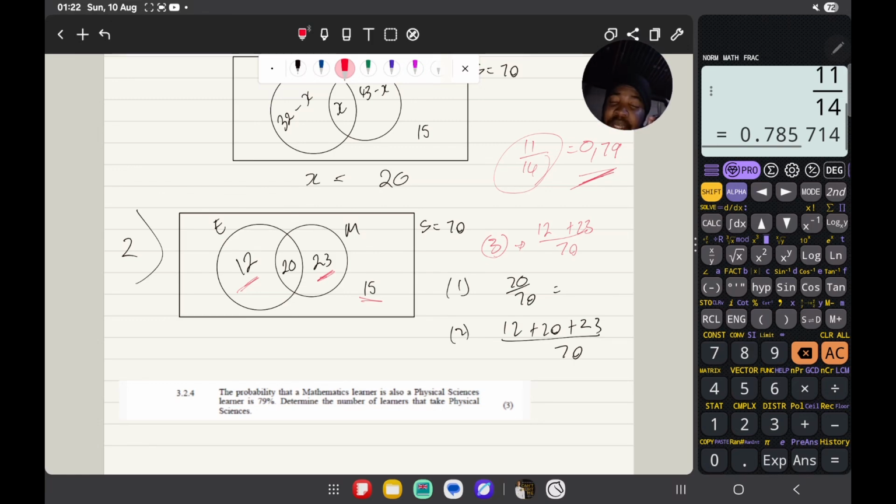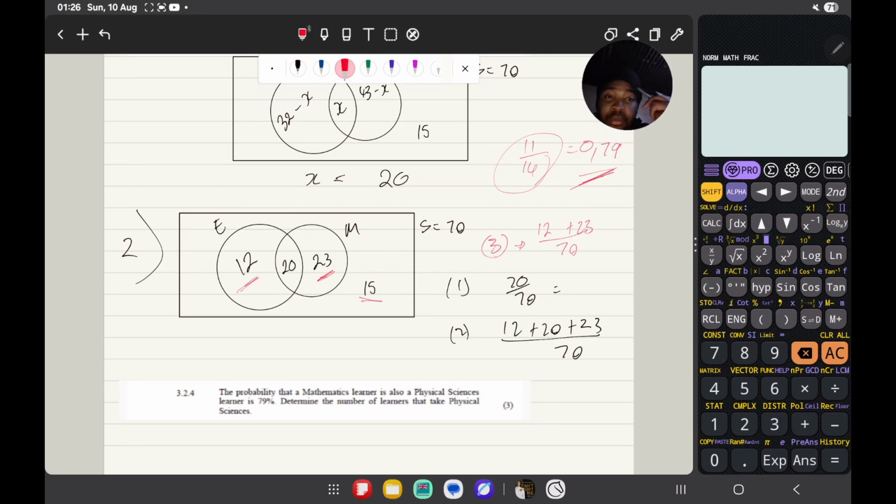The probability that a mathematics learner is also taking physical sciences is 0.79. So here they're saying the probability that a learner takes both maths and physical sciences is 0.79. That's what they're saying. So what is that saying to you?